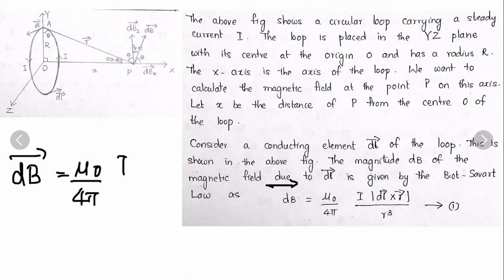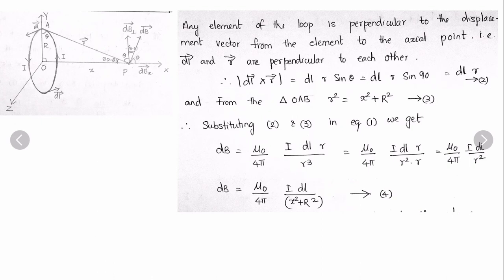Now dl bar is the small current element. r bar is the distance from dl bar to the point P. So let us further continue. Now you can see here, dl bar is here and r bar is the position vector. They are perpendicular to each other.